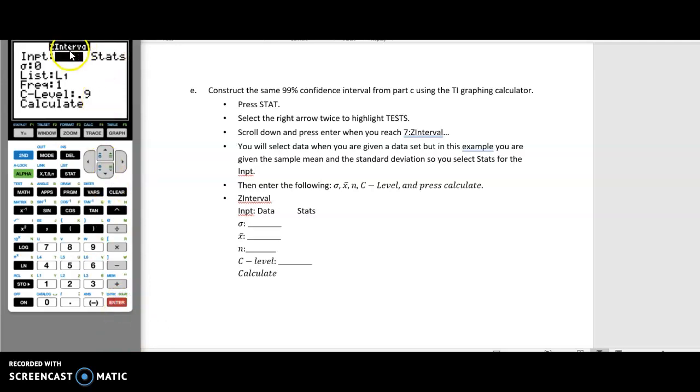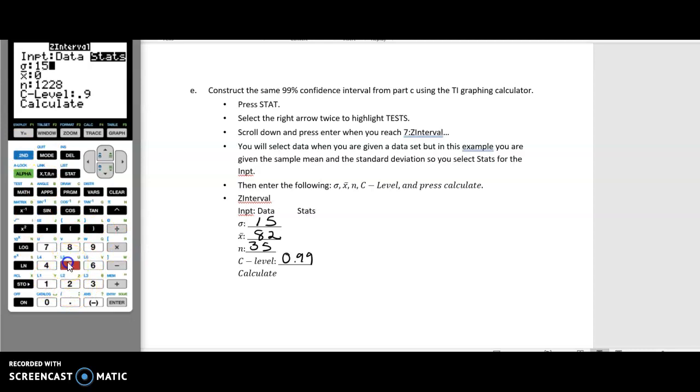And there's 2 options here. Data is if you're actually given a data set, which we'll look at a little later, but we are actually given stats here, right? We're given some statistics. So go over to the right, press enter, and you're going to enter the information. We have sigma is 15, x bar is 82, n is 35, and our confidence level is 0.99.